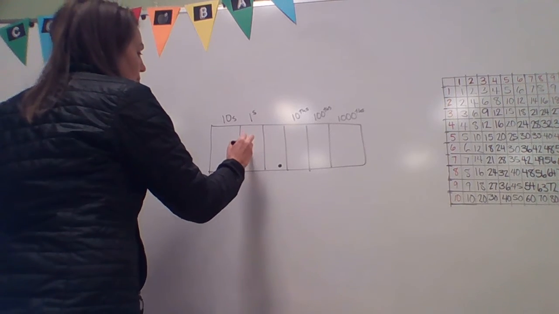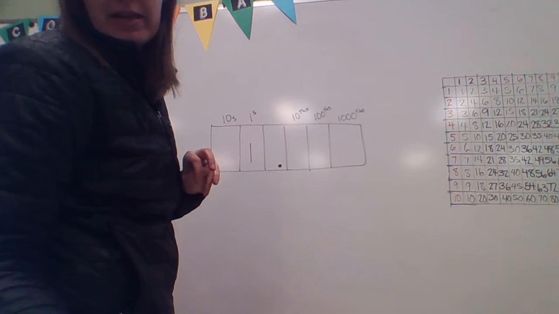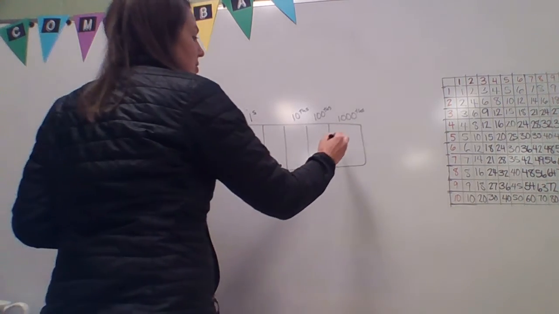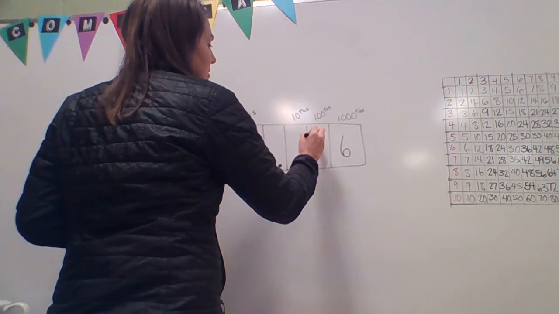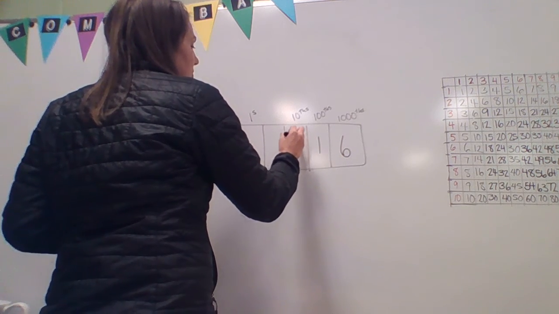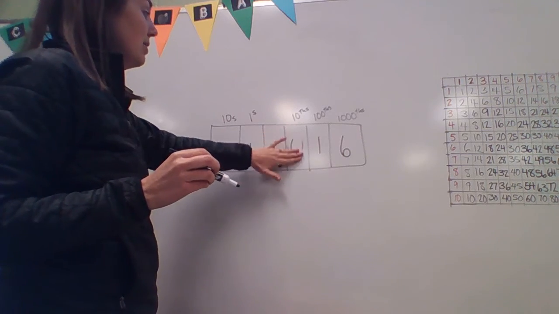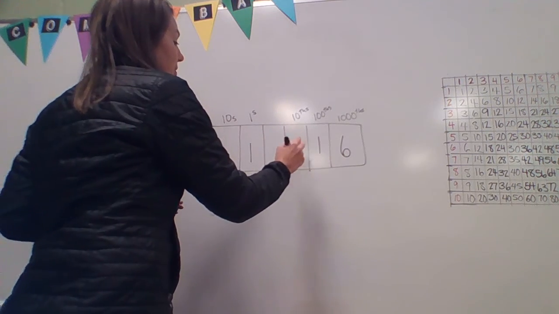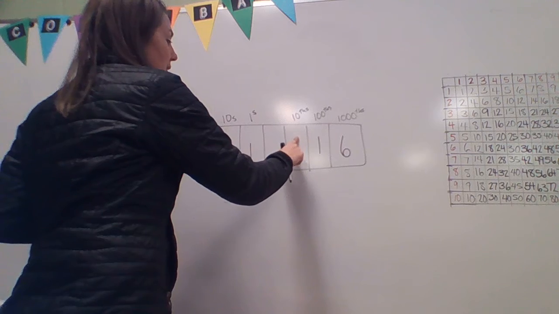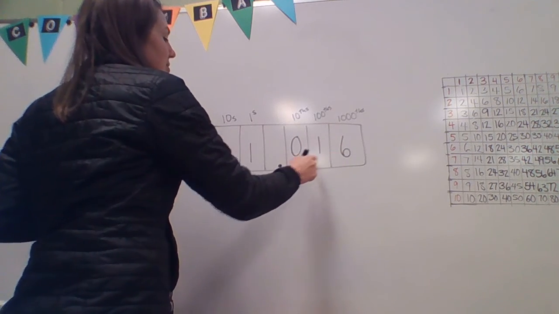So we see 1 and then she has 16 thousandths. So I would have a 6 in my thousandths. This would be 16 thousandths. So I'm going to include a 0 here because otherwise, if I had a number here like 1, that would be 116, right? I only want 16 thousandths. So I want it to end in the thousandths.